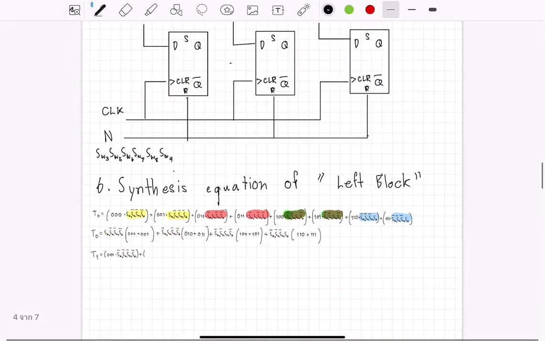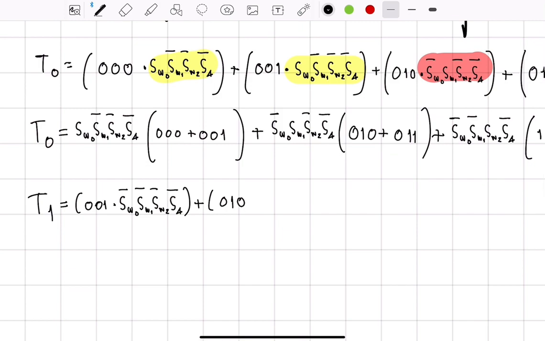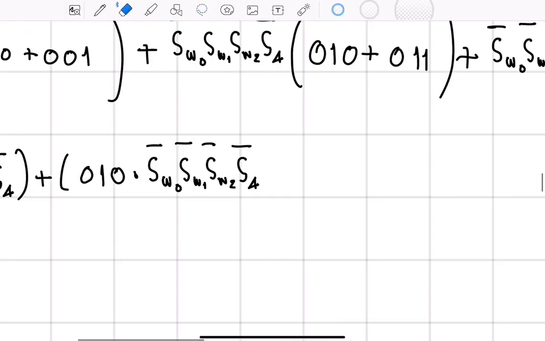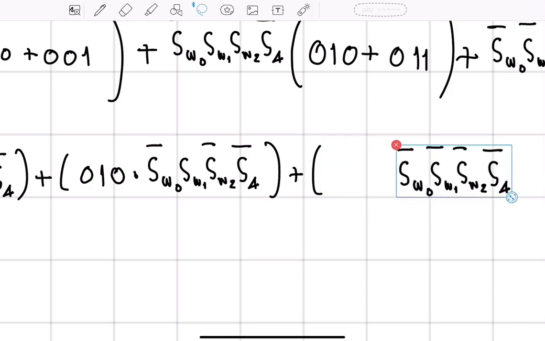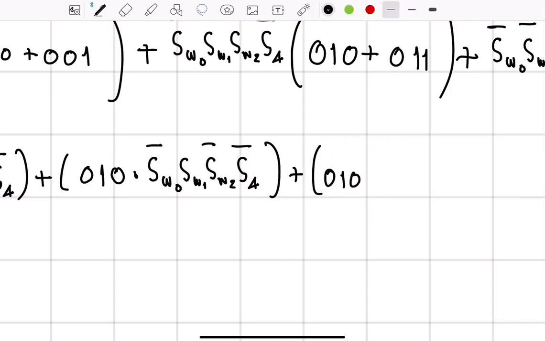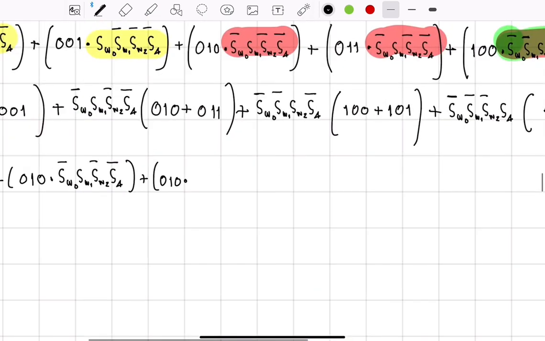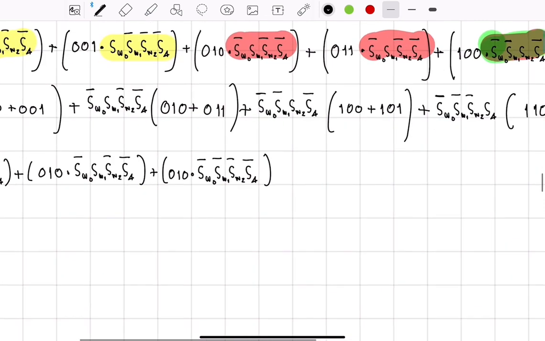State 1, 2. Push switch 1 and push every switch. Push.